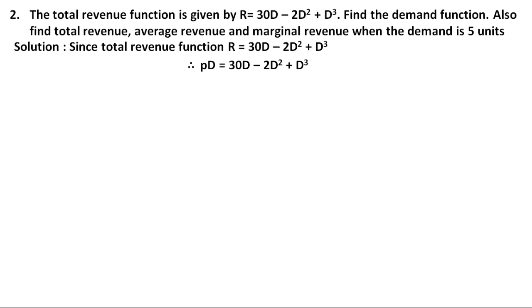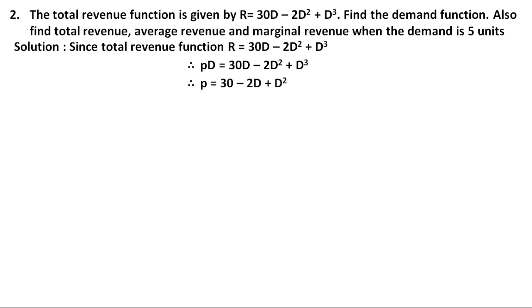Next step we get P is equal to 30 minus 2D plus D square.